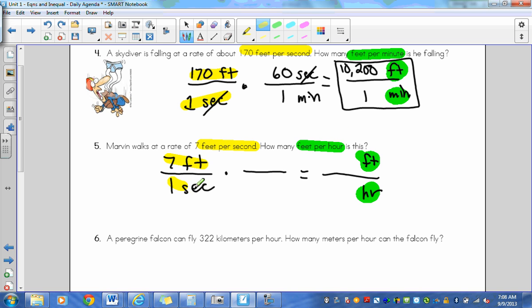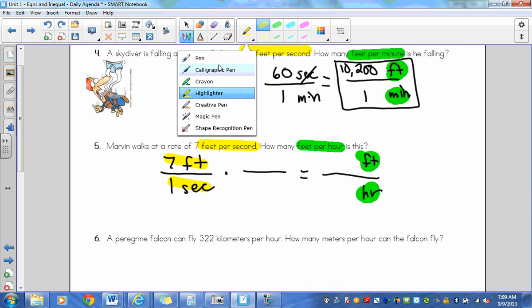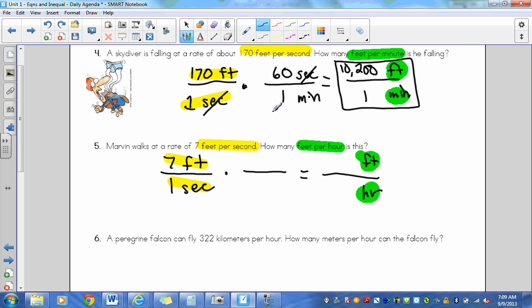All right, so I want to get rid of seconds, and I want to make it into hours. Okay. So I'm going to cancel out my seconds. Here's a problem. Seconds goes directly to minutes. Okay. So how do I get to make it go to hours?